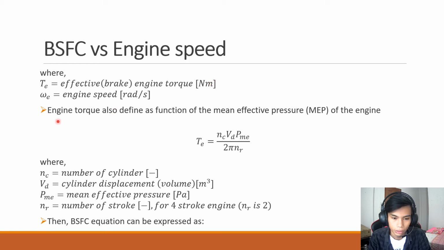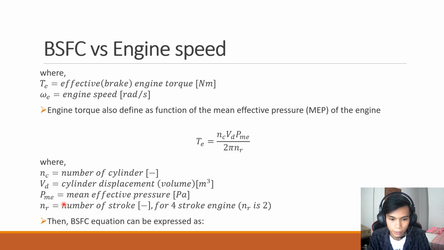Engine torque is also defined as a function of the mean effective pressure, or MEP, of the engine. So this is the derivation of mean effective pressure for engine torque. NC is the number of cylinders, a dimensionless unit. Next is VD, the cylinder displacement or volume, measured in cubic meters.